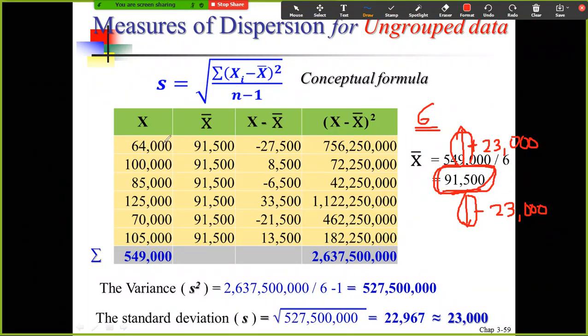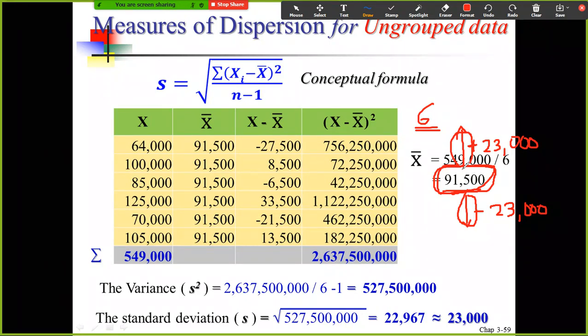Amongst the students, some are richer, some are poorer. So how much does the richest spend per week compared to the average spending? How much does the poorest spend per week compared to the average spending?